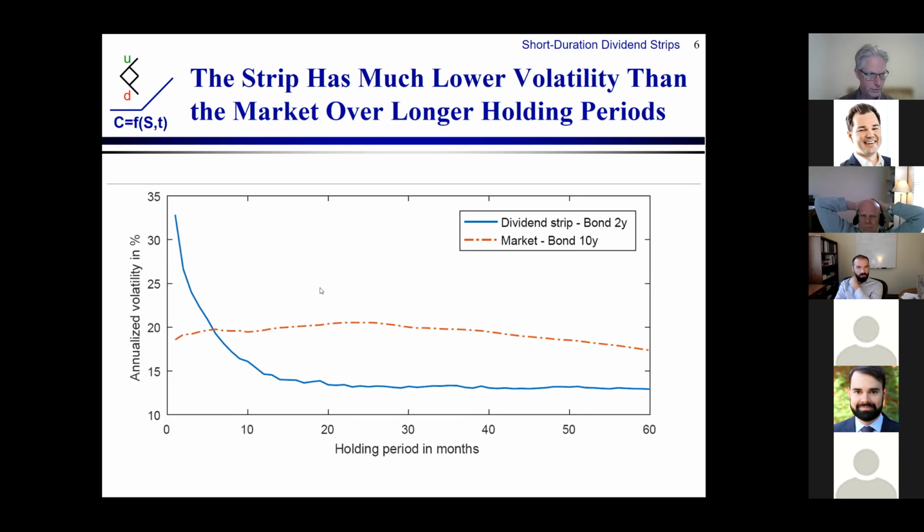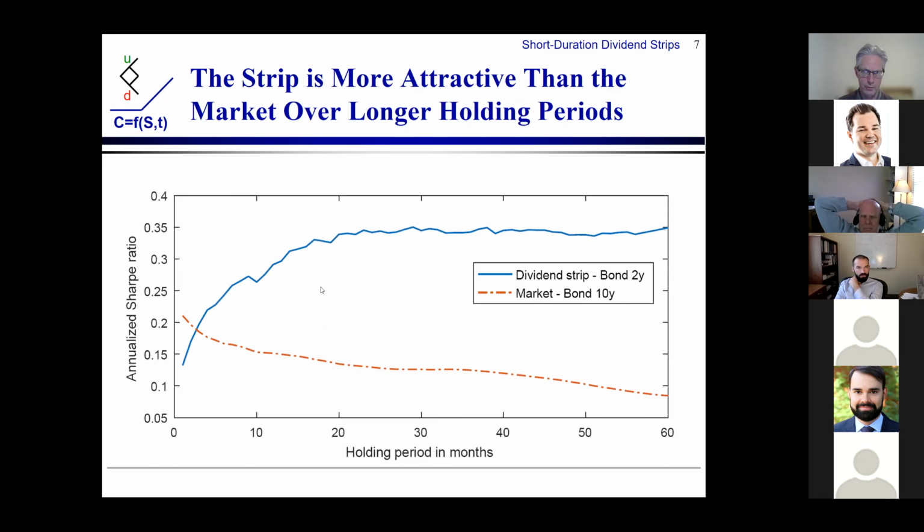Divide the two into each other to get the Sharpe ratio, you're getting this picture. The Sharpe ratio for the market is not much affected. There is actually a very slight positive autocorrelation, which is giving you this slight decrease here. The Sharpe ratio for the dividend strip is going through the roof. It's really strongly moving upward.